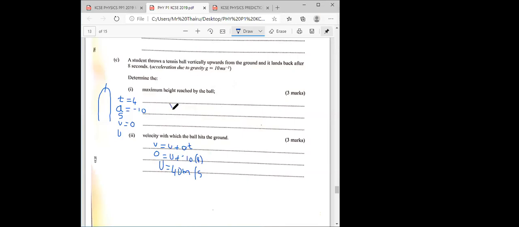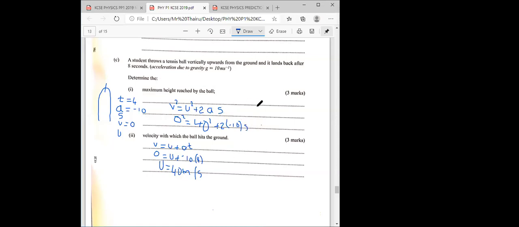We can now work with the formula V squared is equal to U squared plus 2AS. V squared is 0 squared. So 0 is equal to 40 squared, already we had 40, plus 2A, which is -10, multiplied by S that we need to get.